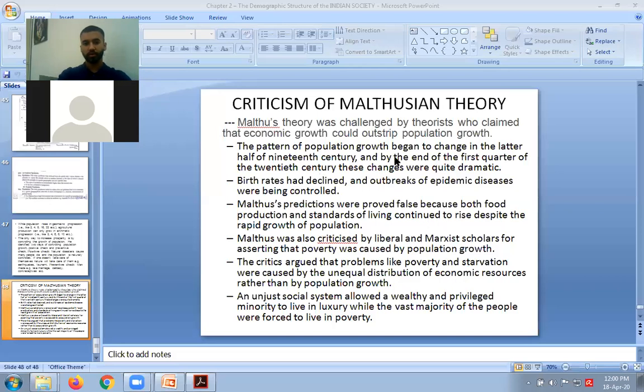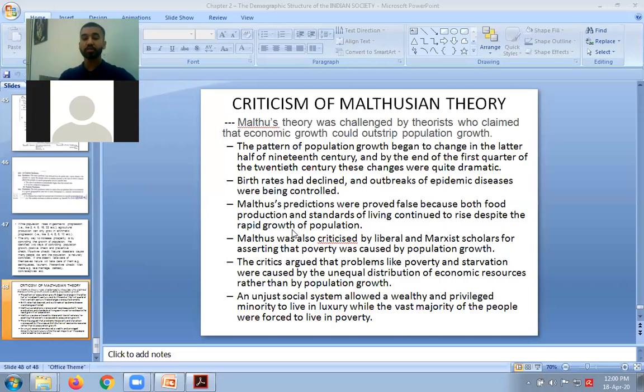Okay. And birth rate had also declined. How had birth rate declined? Because people were getting education, and they were becoming aware of the advantages of having smaller families. Epidemic diseases were also controlled. The people started formulating vaccines, and they also controlled epidemic disease. So people were getting good control over this imbalance, right?